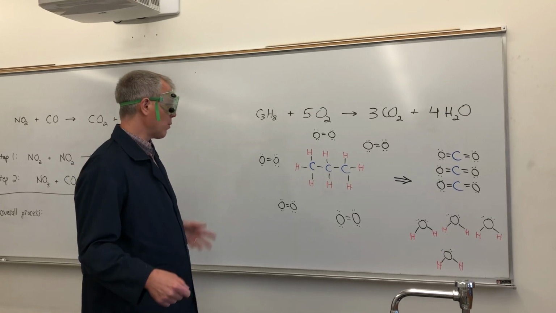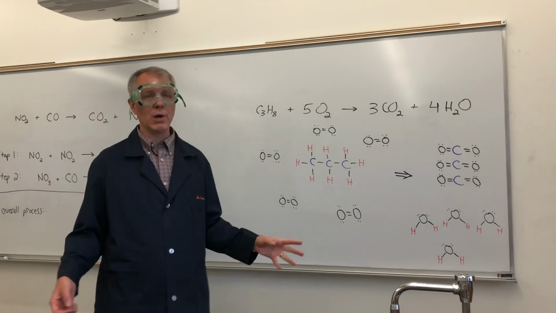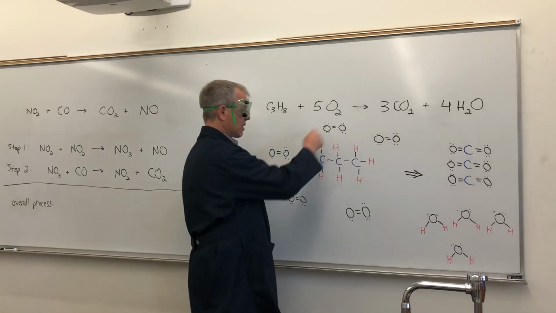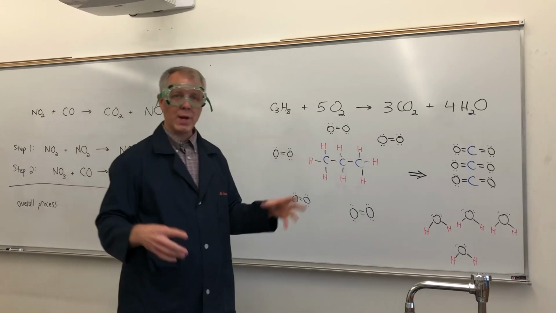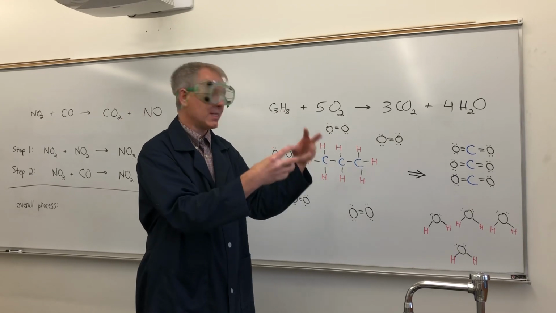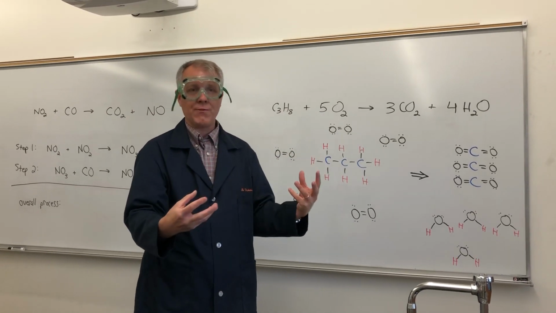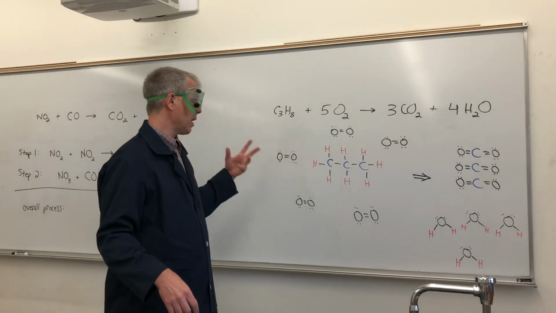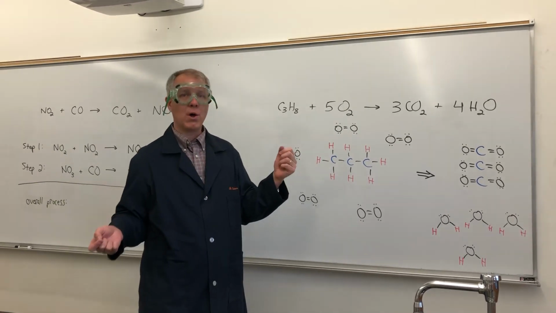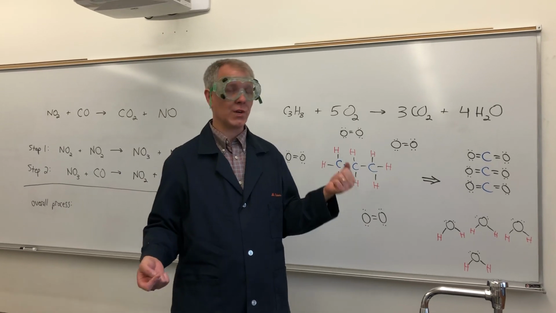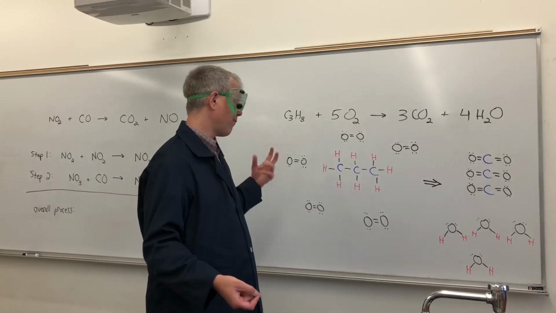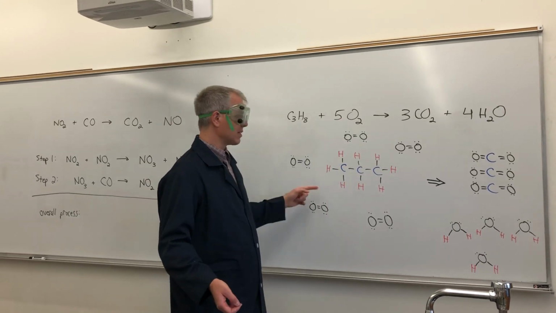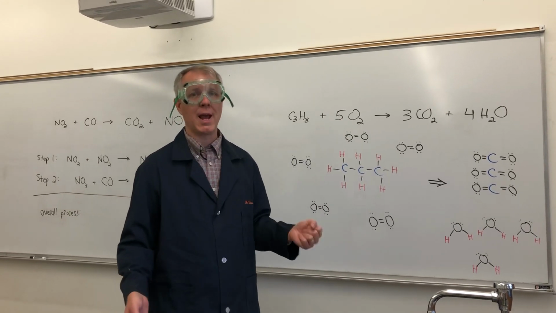If we think about what would be required in order for this to go, even the very first requirement that 6 molecules, 5 oxygens and a propane, come together in the same place at the same time is itself difficult to imagine. Scientists actually say that 2 particle collisions happen all the time. 3 particle collisions are extremely rare, and collisions of 4 or more particles are essentially never observed. So having 6 things in the same place at the same time just isn't going to happen.